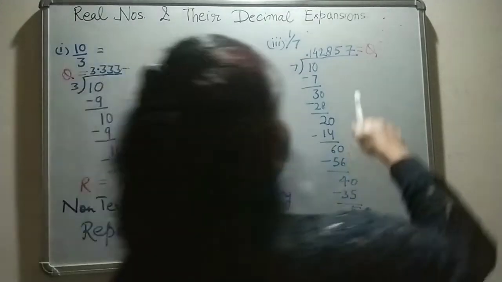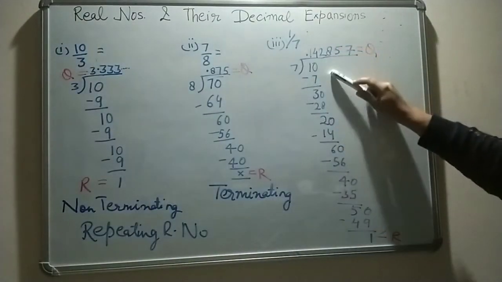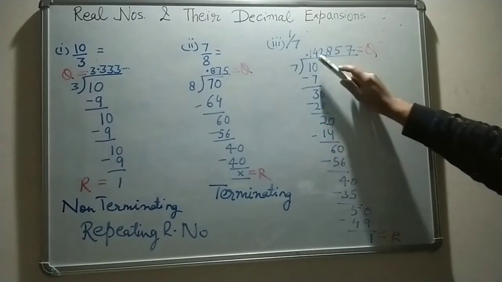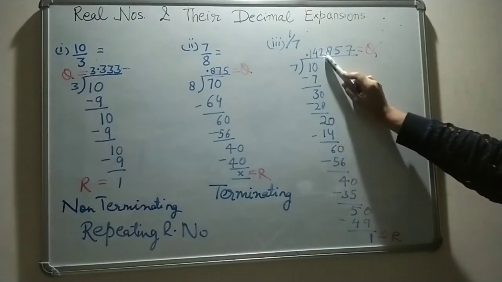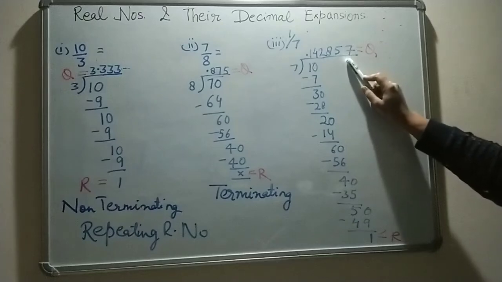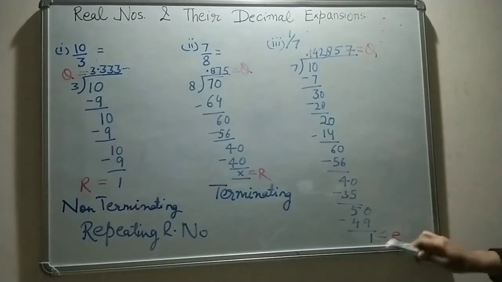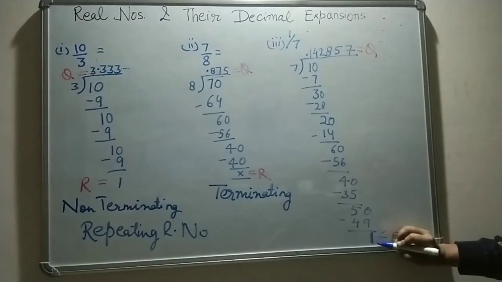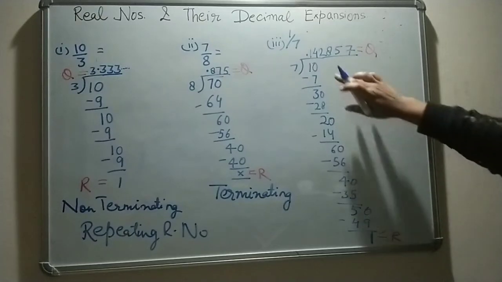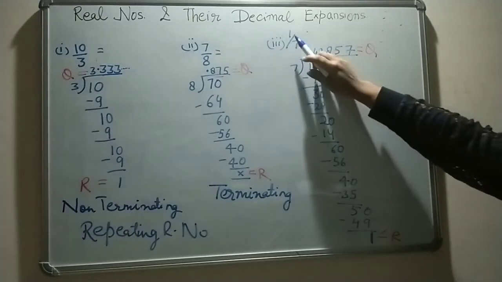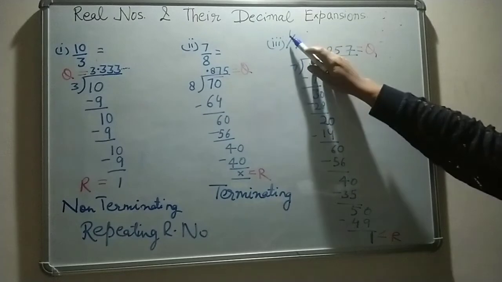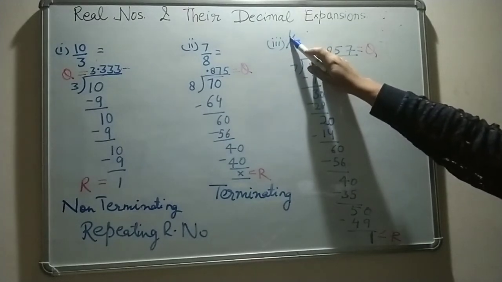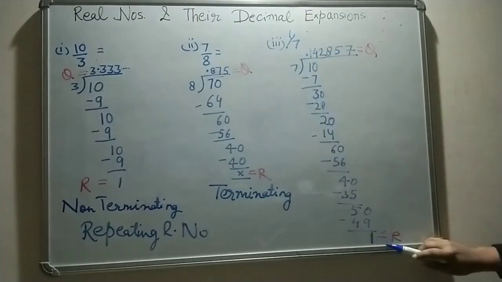While when we divide 1 by 7, we keep on doing it and get the quotient 142857. Now the remainder again came out to be 1. The whole process starts again because the dividend has repeated itself over here.